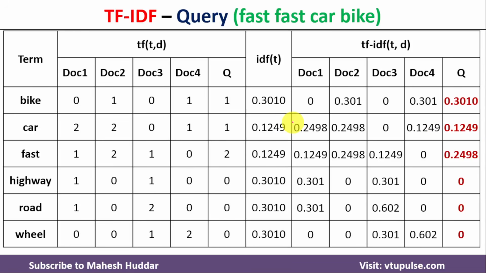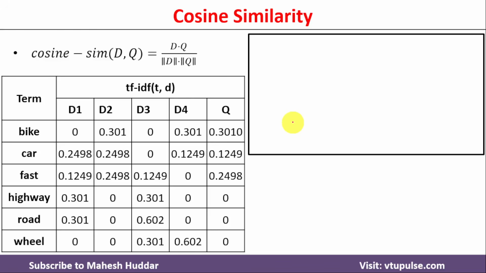Once you find the TF-IDF of the query, next we need to find the cosine similarity. To find the cosine similarity, we use the following formula, that is cosine similarity of d comma q, which is equal to the dot product of d and q divided by length of d multiplied with length of q. Here first we will find the length of d and length of q.